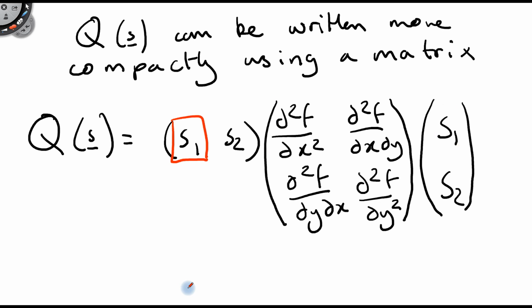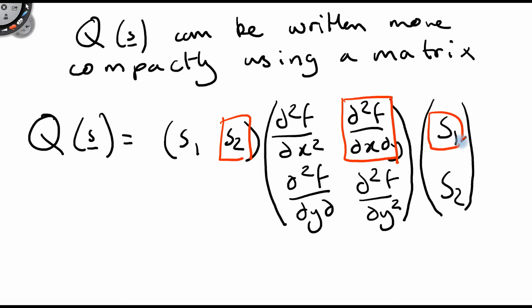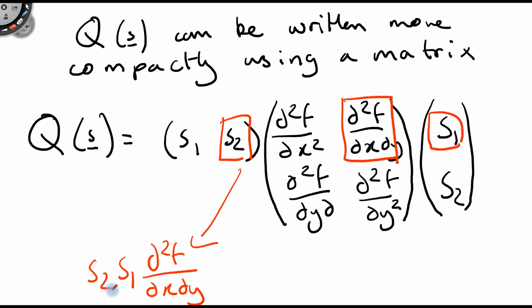Let's just undo it again. Now, if you consider S2 times in the matrix multiplication, those will then give you d2f by dxdy times s1, that's the first bit there, times s2. So you can see now how these cross terms arise.